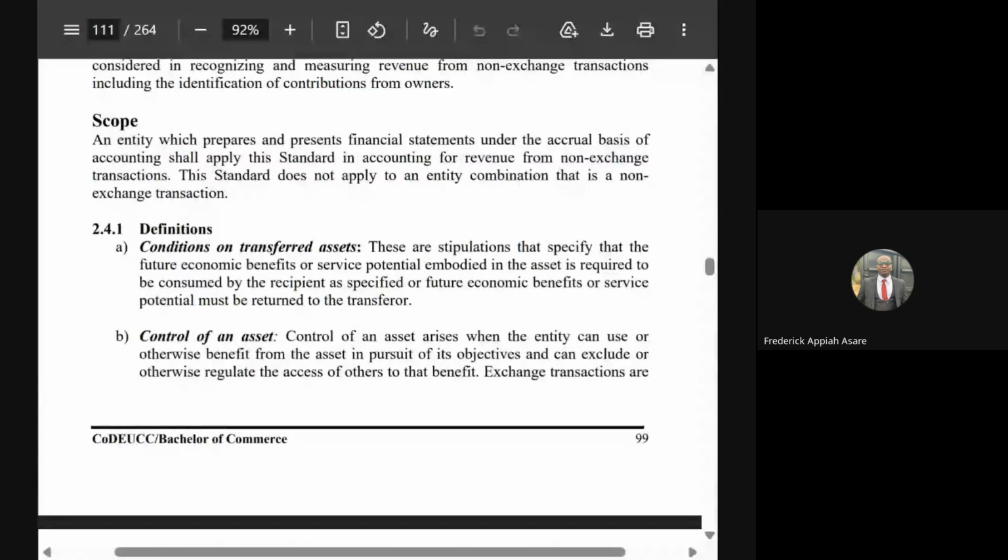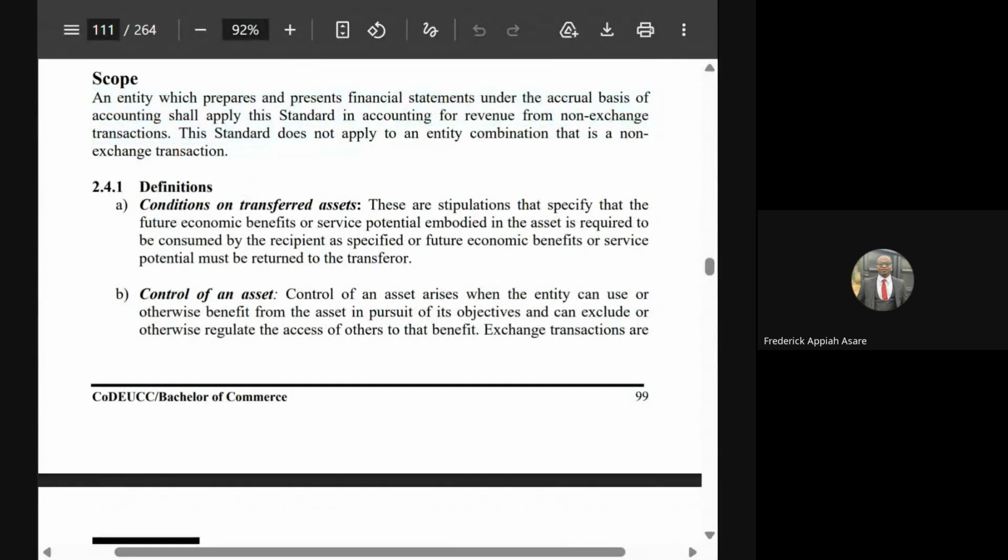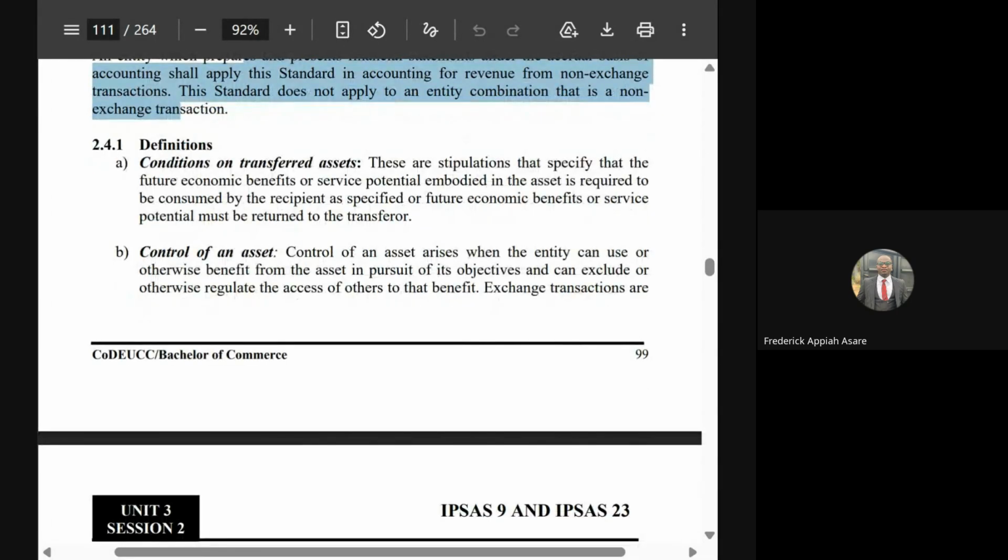And here also we have the scope, we have the definition. An entity which prepares and presents financial statements on an accrual basis shall apply this standard in accounting for revenue from non-exchange transaction. This standard does not apply to an entity combination. So in definition, we have conditions on transfer of assets.